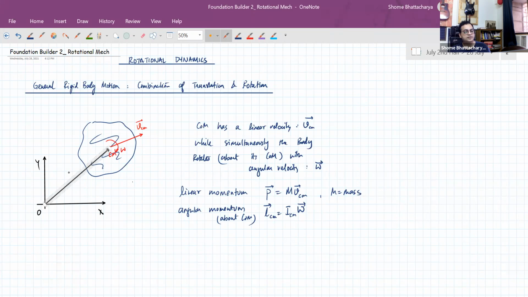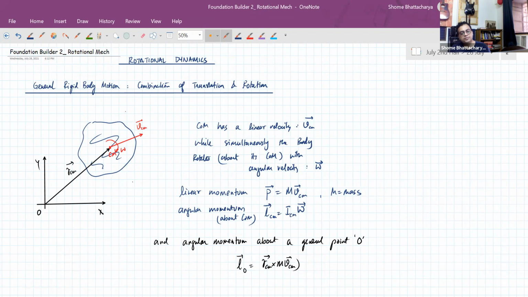We can also write the angular momentum about a general point O, which you can arbitrarily select. That angular momentum about O is given by the formula RCM cross MVCM plus the angular momentum about the center of mass, which is this.